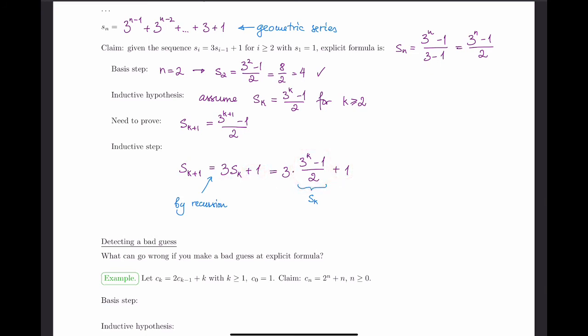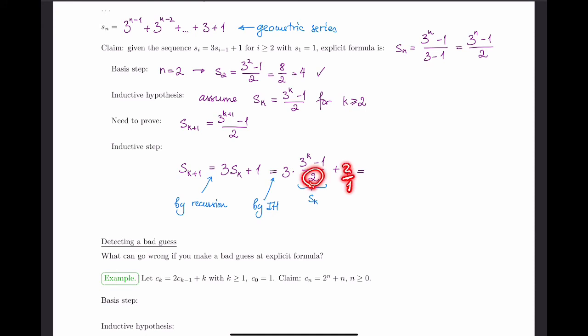Okay? So now this step is allowed to happen by the induction hypothesis. And once I have that, all I need to do is actually simplify this expression. There are a number of different ways you can do that, but the easiest one is probably to find the common denominator between this one and this entire fraction. So notice that the denominator here is 2, and the denominator here is just 1.